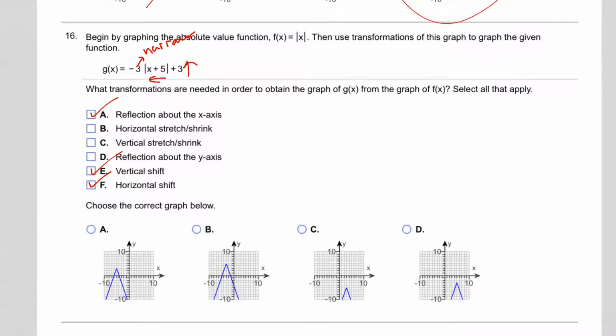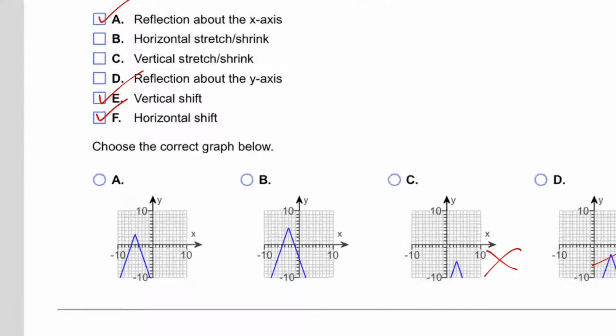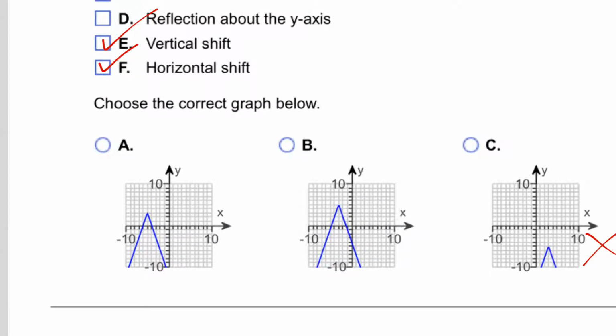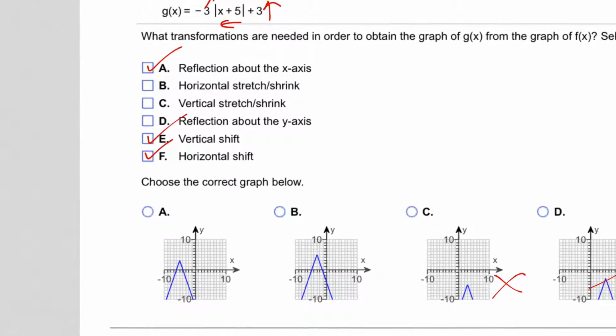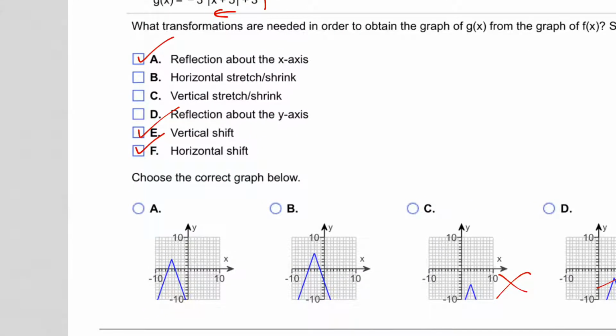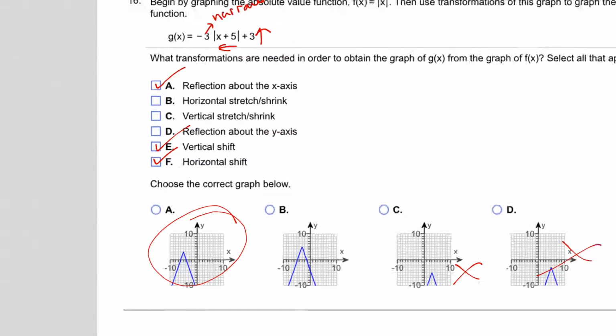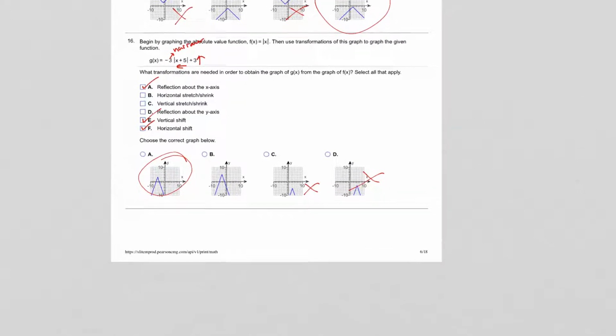So to the left 5 and up 3, that should be quadrant 2. So these are gone. So quadrant 2, we're looking for left 5 and up 3, it's this one right there.